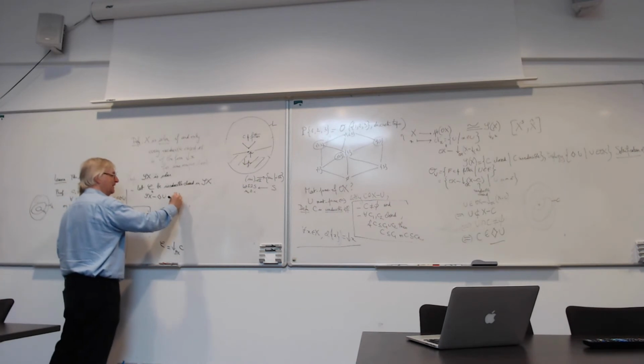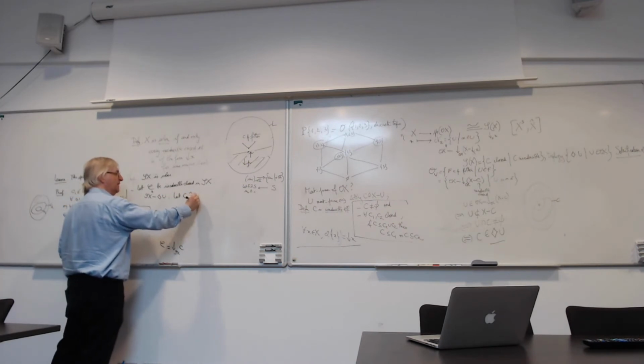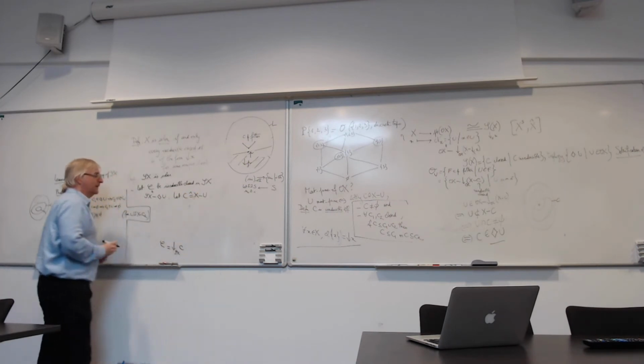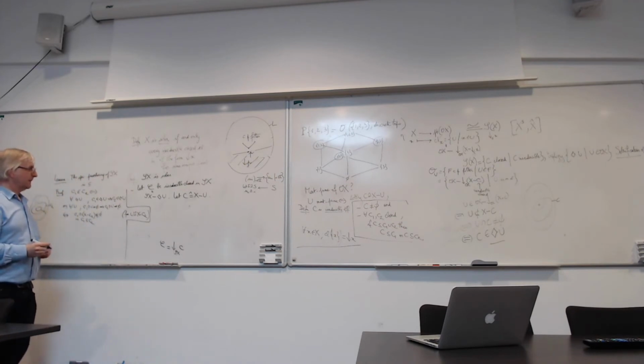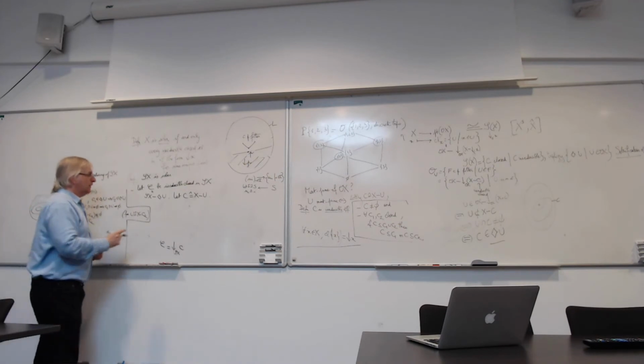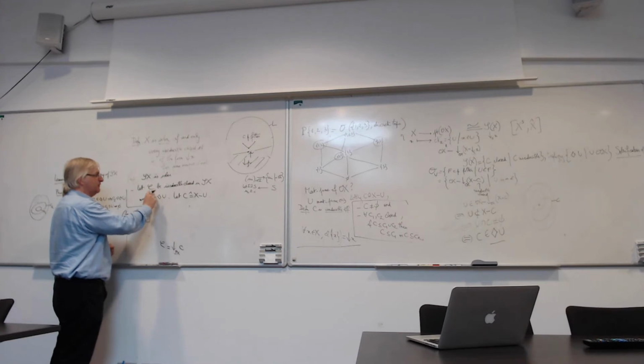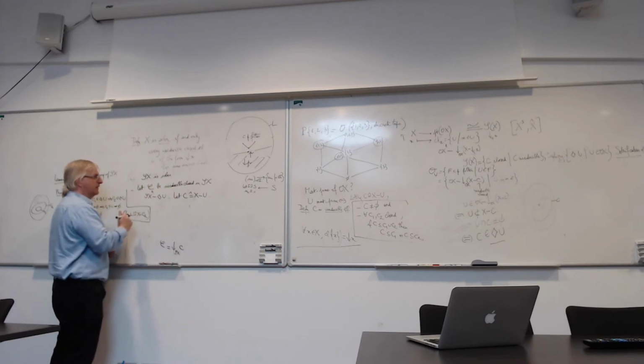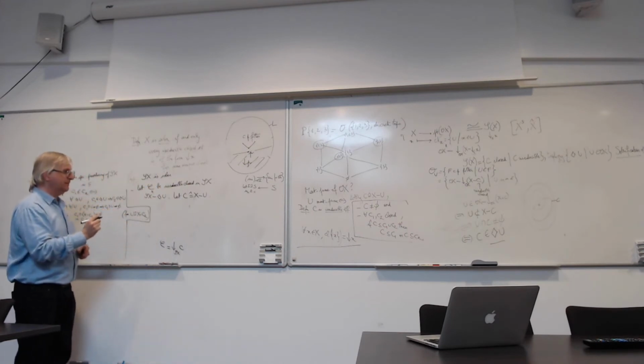So let C be the complement in X of U. All right. We've used the fact that it's closed, but it's irreducible. So what does this mean?